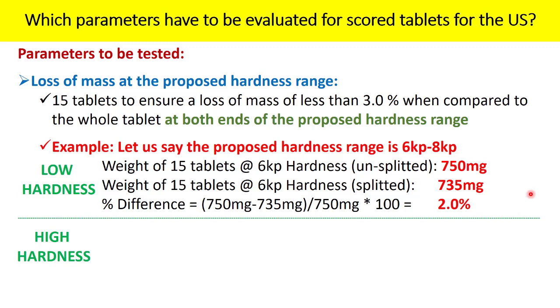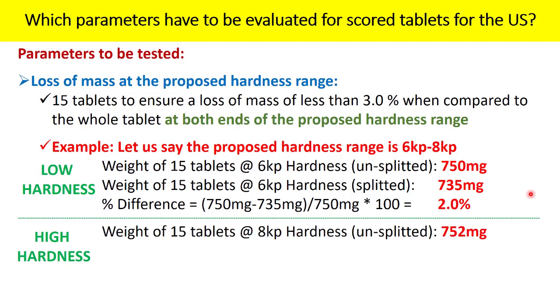Let us take a second example where the high hardness tablets were manufactured. Now what is the high hardness? It is 8 kp if you look at here. So the tablets with 8 kp were manufactured and the weight of unsplit tablets, how many tablets? 15 tablets have been noted and it is found to be 752 milligram.